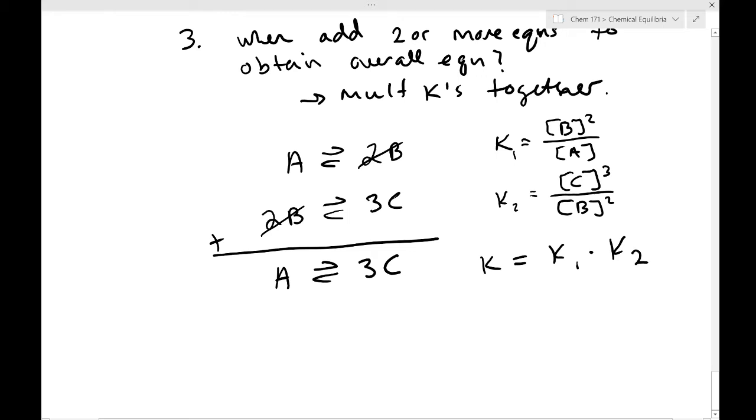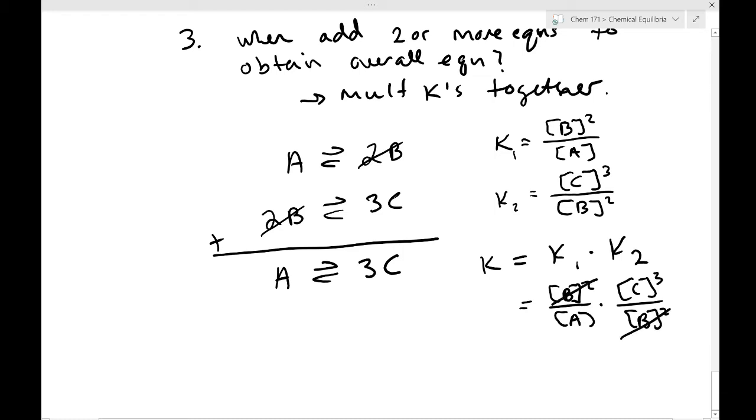So we end up with B squared divided by A multiplied by C cubed divided by B squared.